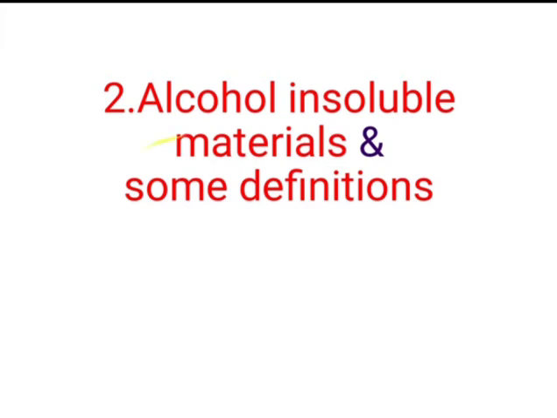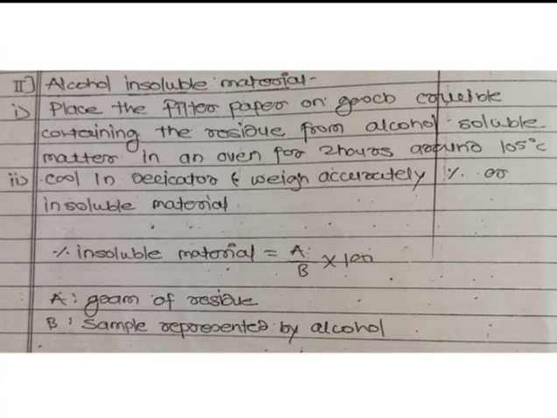So, alcohol insoluble materials, and some definitions. For estimation of alcohol insoluble materials, as we have seen in the first method, alcohol soluble materials, in which we have filtered the substance through a Gooch crucible various times and we obtain a residue from this.